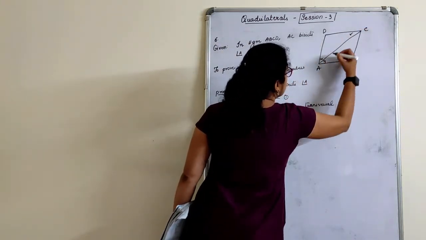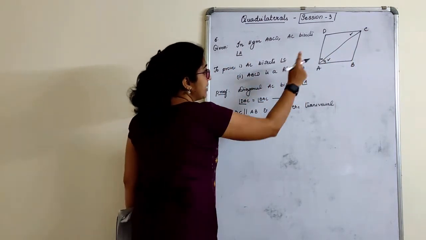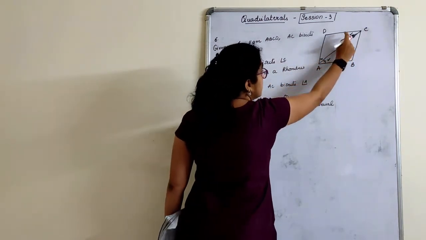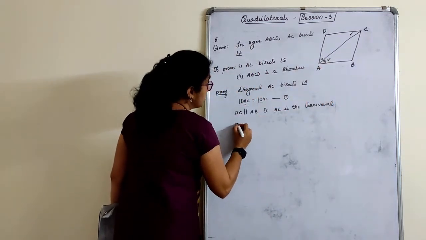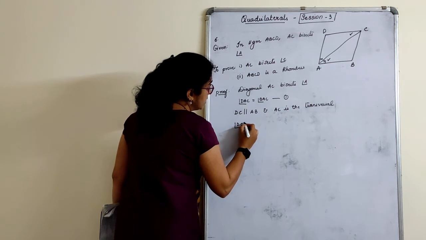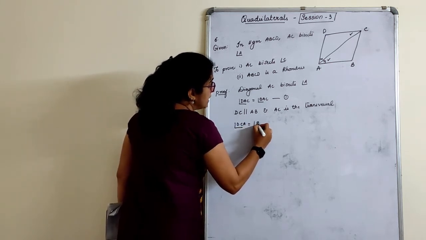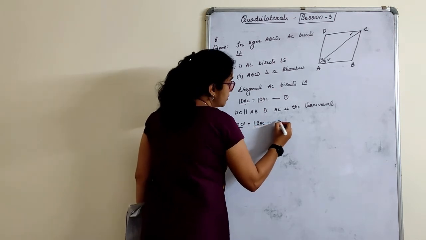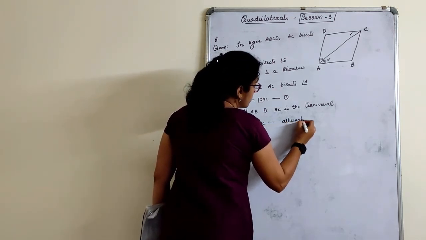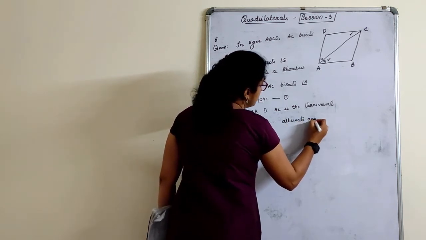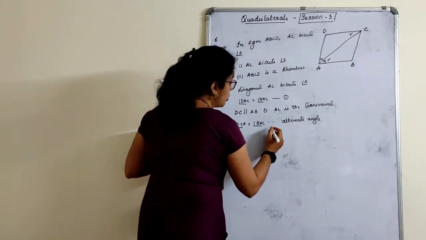This angle is equal to this angle. Let us write that. That is angle DCA is equal to angle BAC. Reason? Alternate angles. Equation 2.